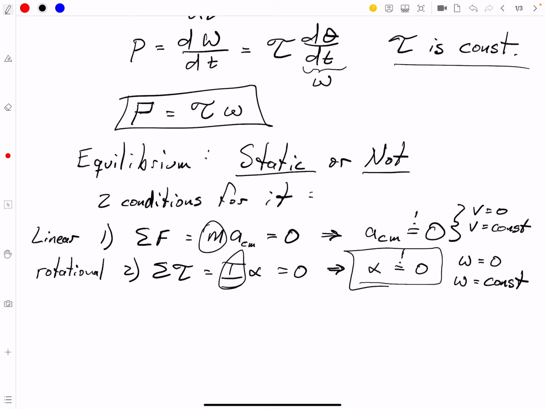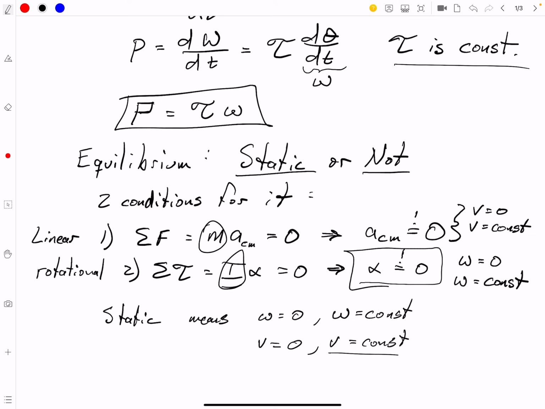So you don't typically think of something being static as omega equals 0 or a constant rotationally, and linearly.